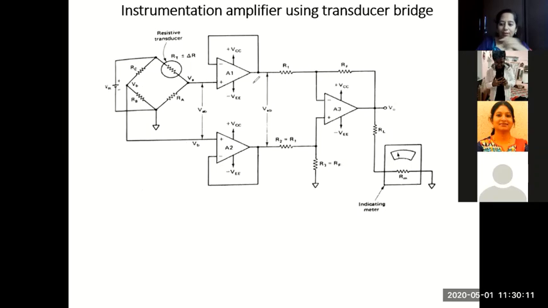Yes? For impedance matching, ma'am. Impedance matching, or because a non-inverting stage or a voltage follower gives you very high input impedance, naturally it will help in preventing any loading effect. There won't be a loading effect or reduction in this signal.